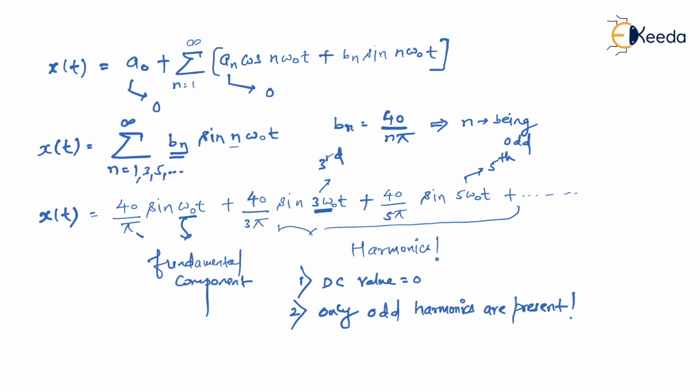Even in that case, DC value equal to 0 and only odd harmonics were present. Odd harmonics as in the third harmonic, fifth harmonic, then seventh harmonic, then ninth harmonic. So all even harmonics are equal to 0, only odd harmonics are present. Eventually, the DC value is also equal to 0, and these two conclusions are common for this sum and the sum that we solved in previous videos.